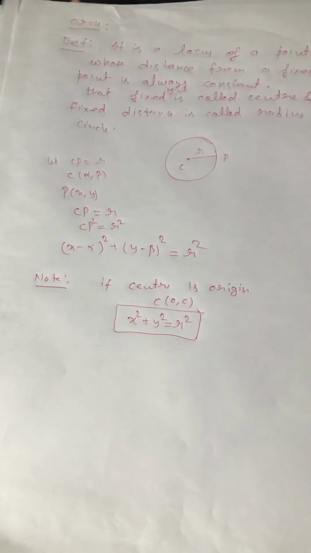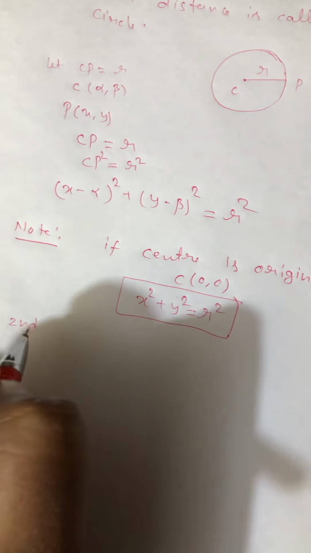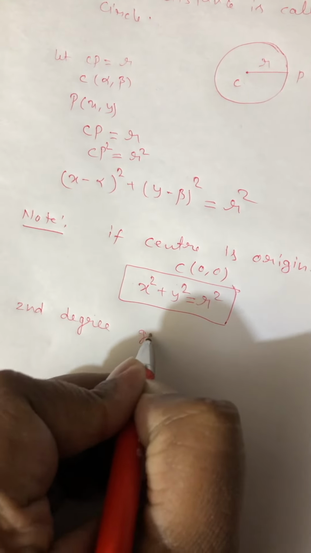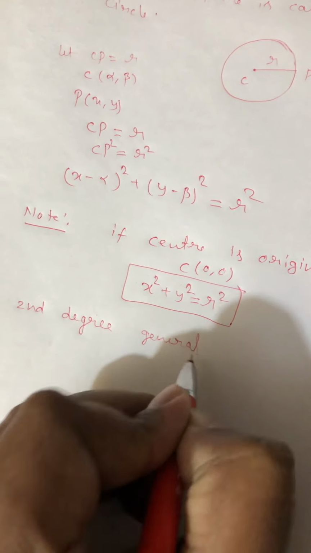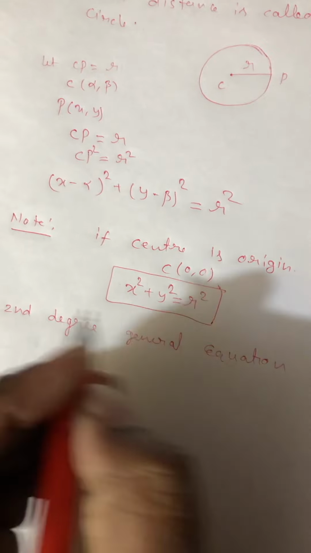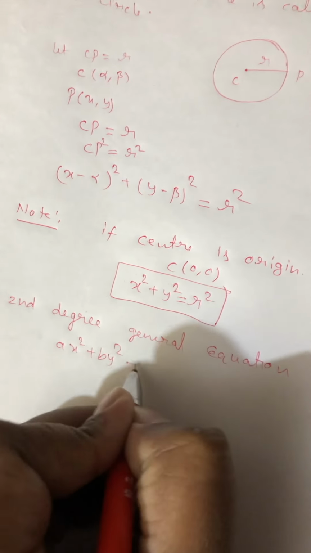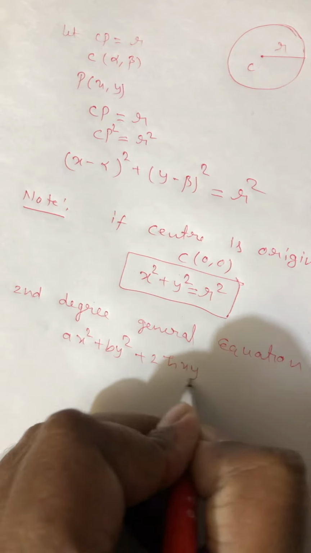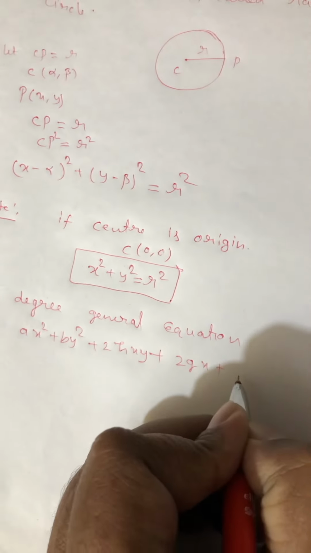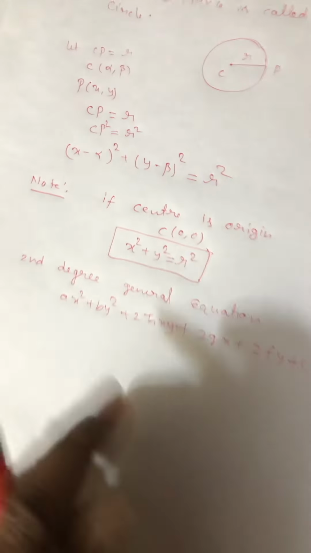Now, if we consider the second degree general equation, which is ax square plus by square plus 2hxy plus 2gx plus 2fy plus c is equal to 0.